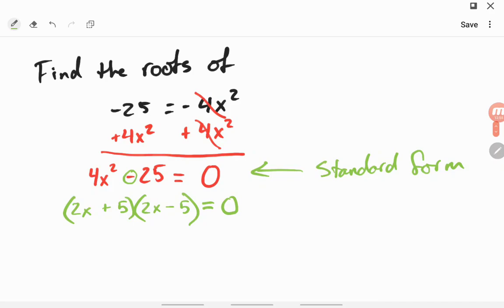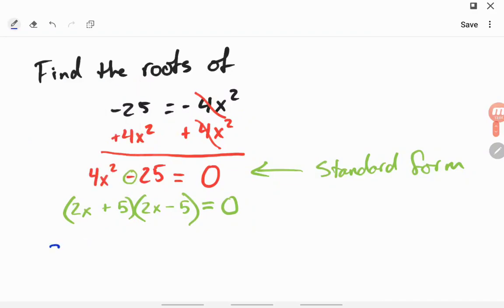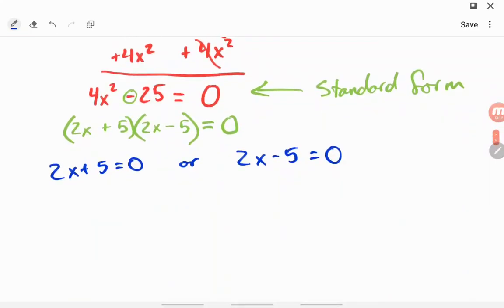So, utilizing our zero factor theorem, we can state that 2x plus 5 equals 0, or 2x minus 5 equals 0. We are able to take our two binomials and say, well, one of these has to be equal to 0. It's possible that both could be equal to 0.